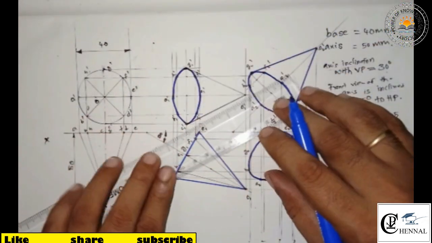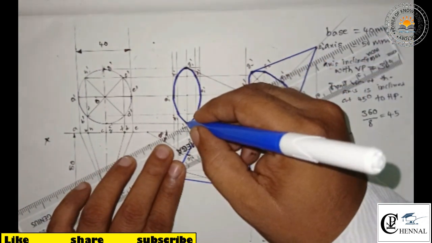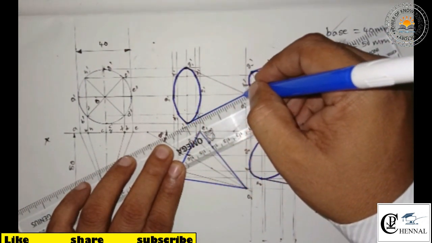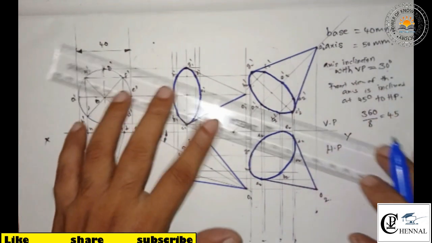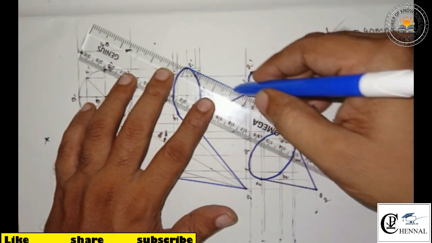Now C1 to O1 dash is also a thick line, and G1 dash to O1 dash is also a thick line, right?